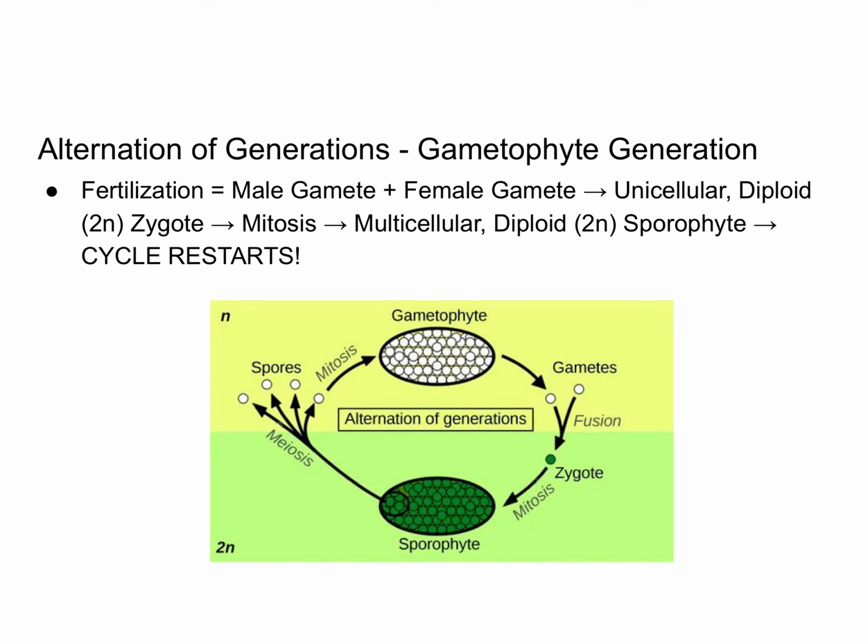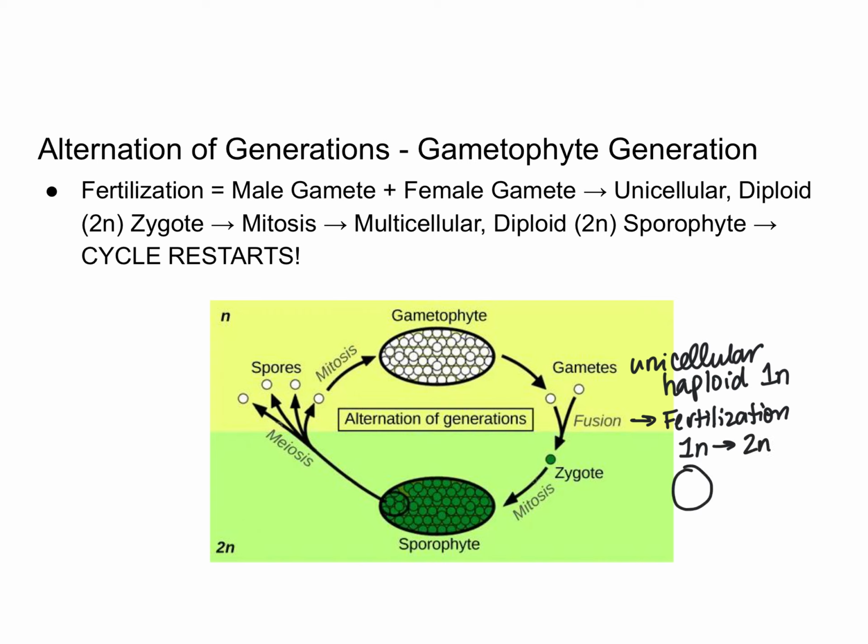On the previous slide, we left off with the production of the gametes, which, remember, are unicellular and haploid. Now, two gametes can fuse, and it says fusion here, but we can also think of this as fertilization. So the two gametes fuse, and this is how we switch from a 1N ploidy to 2N.